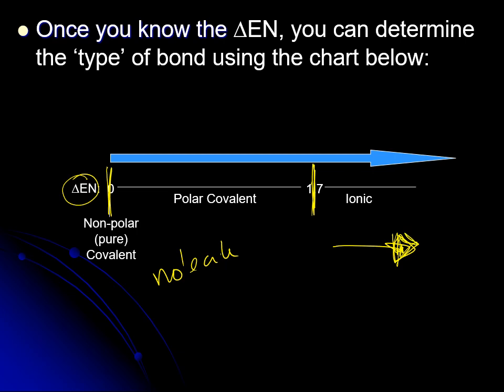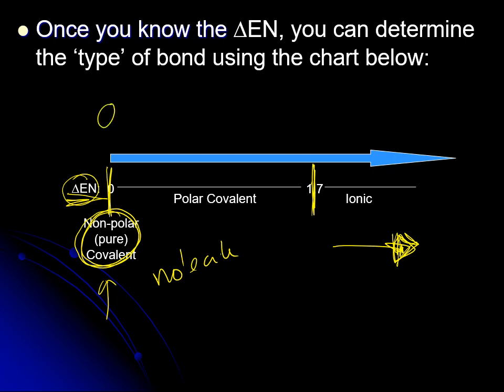Realize that for the molecules, if they are perfectly sharing their electrons, the difference would be 0. And so we refer to them as non-polar covalent bonds, so that the bond itself is exactly evenly shared. So we can refer to that as a pure covalent bond or a non-polar covalent bond.